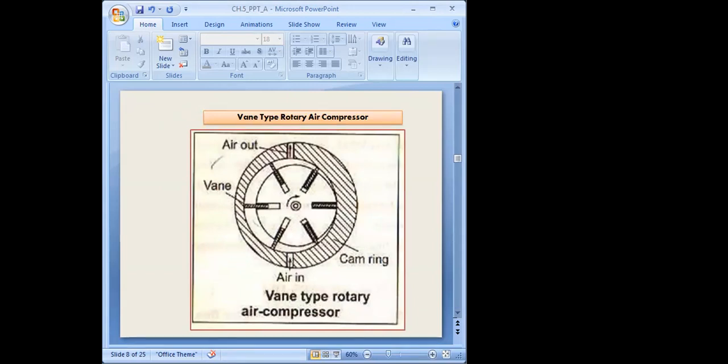The function and operation are similar for all of these. Air will come from the air inlet port, then move along with the vanes, and when it moves anti-clockwise it is compressed due to the spring and vane, and the compressed air goes out from the air outlet. So that is a vane type rotary air compressor, similar to the vane pump, vane air motor and vane hydraulic motor.